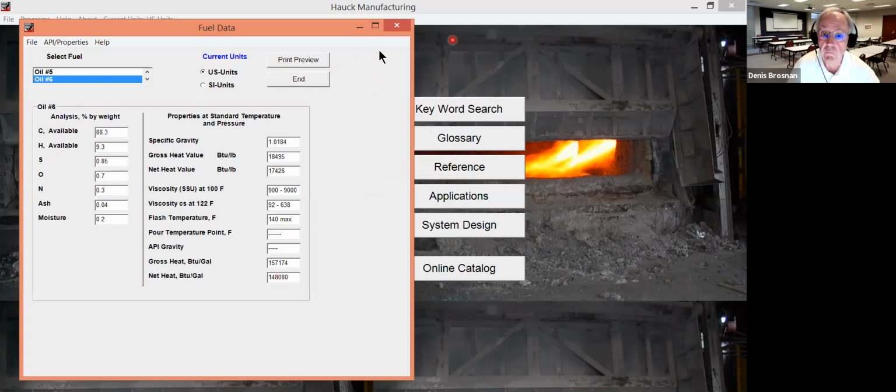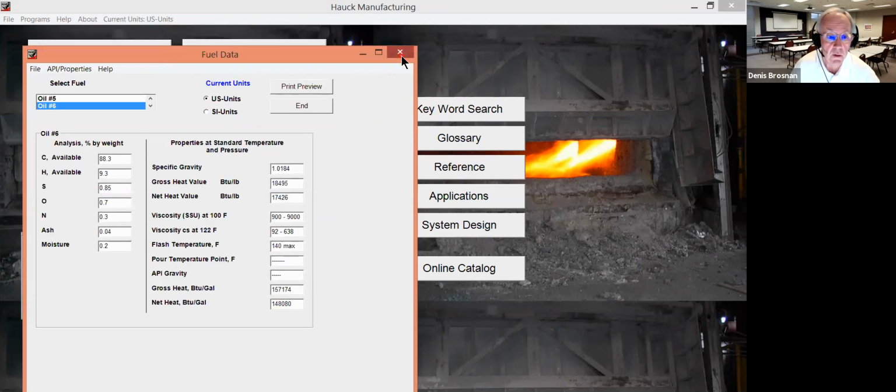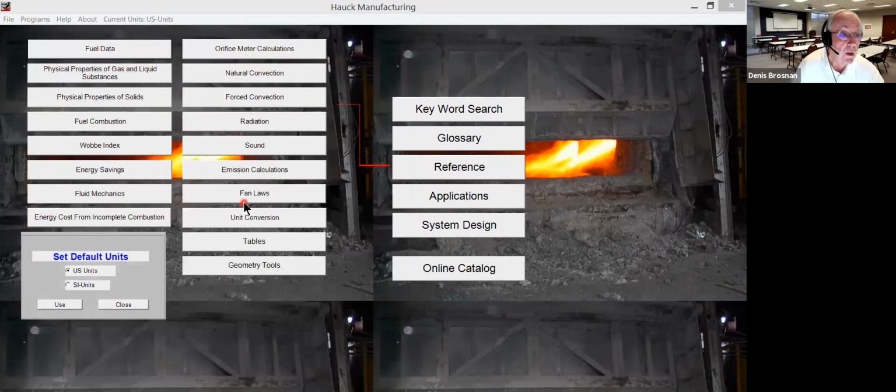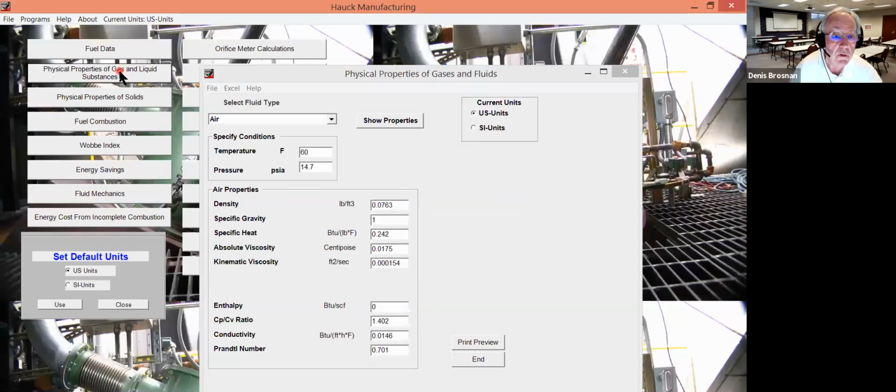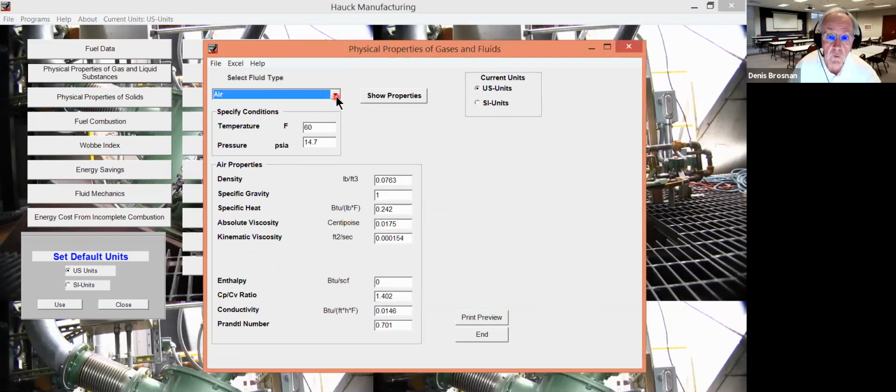Okay, well, we're going to move this guy around a little bit so I can get rid of it. And let's look at some properties of liquids and gases. Physical properties of liquids and gases. Well, there's some information for air. Okay.